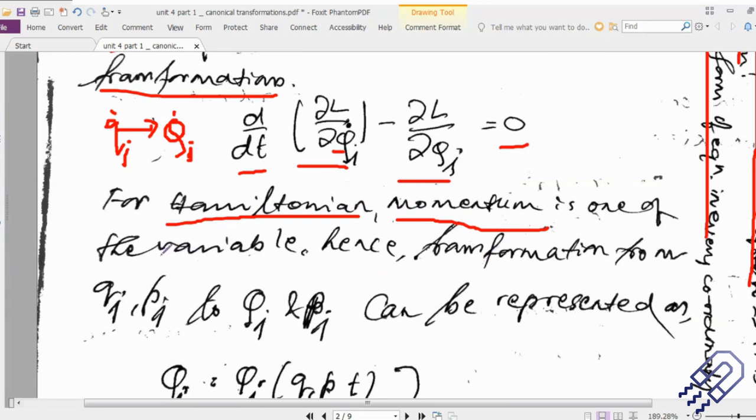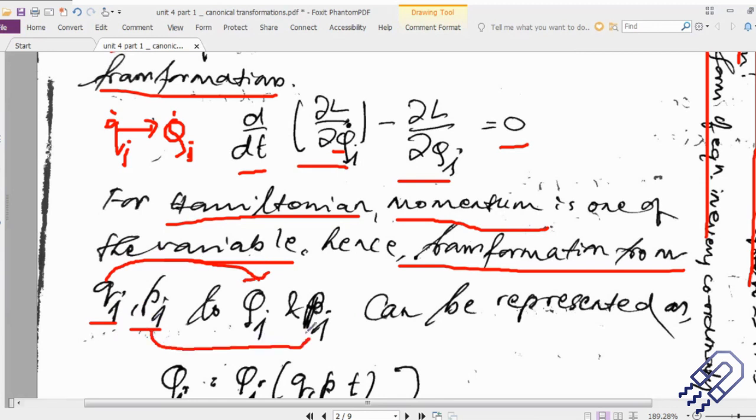So whenever you are considering any equation, let's say the Hamiltonian equation, we have to have a transformation if we are considering it in this chapter. So there has to be a transformation. When we talk about generalized coordinate qj and generalized momentum pj, we are transforming from one set of coordinates to another set of coordinates. This is a general form.